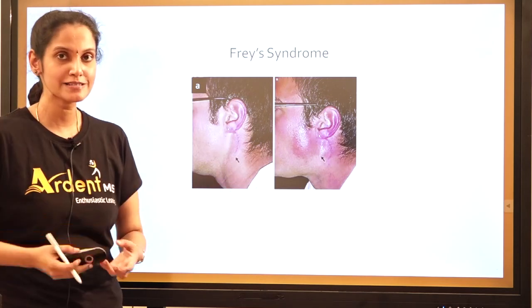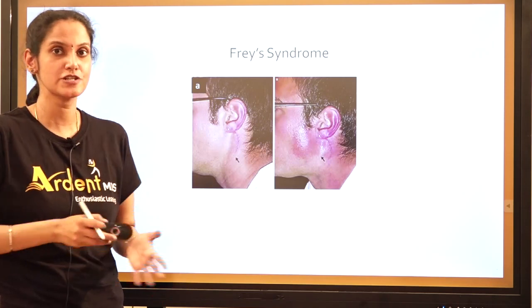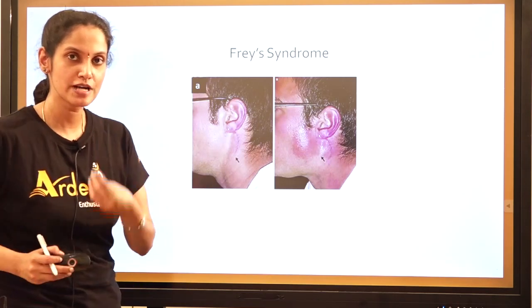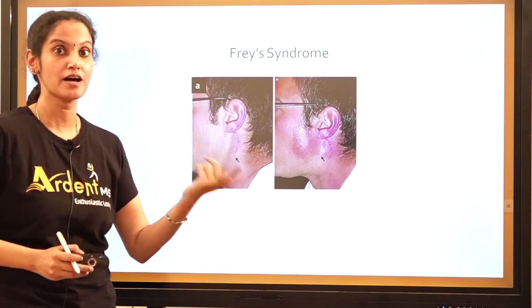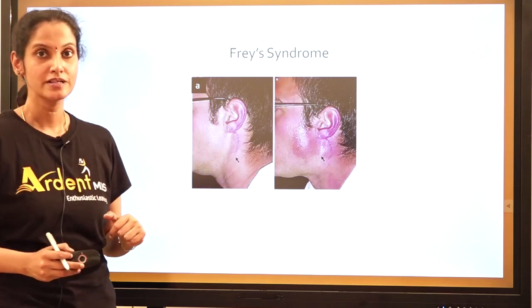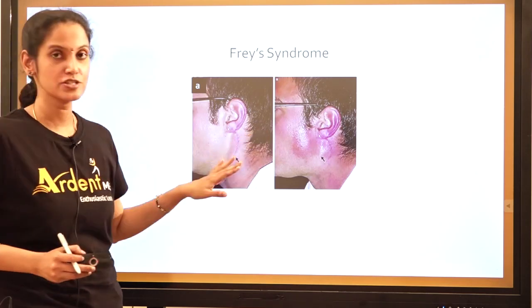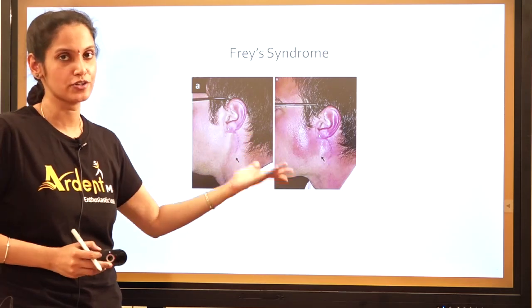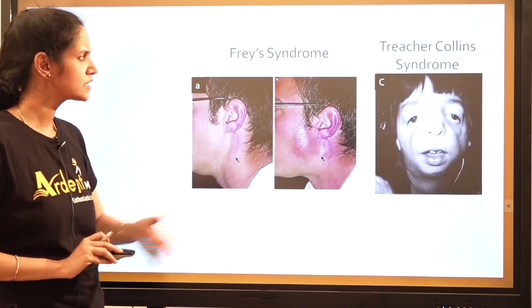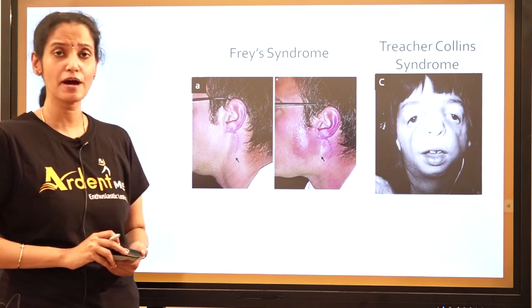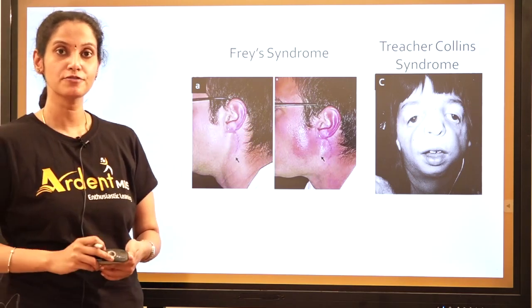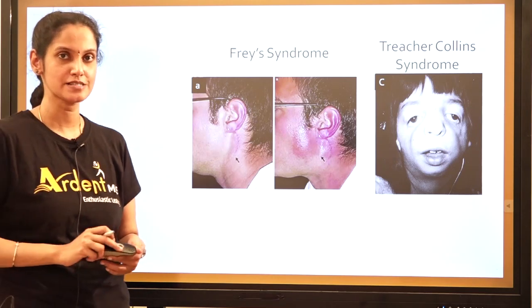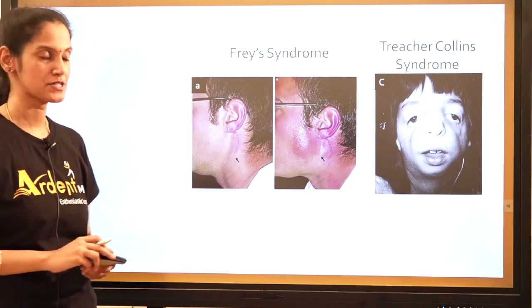So when the patient next time, after this regeneration has occurred, tries to eat and salivation has to occur, the sympathetic fibers also get activated, resulting in flushing in and around the preauricular region. So that's a case of Treacher Collins syndrome, mandibulofacial dysostosis, a defect in the development of the first and the second branchial arches. We'll be discussing it in the subsequent slides.